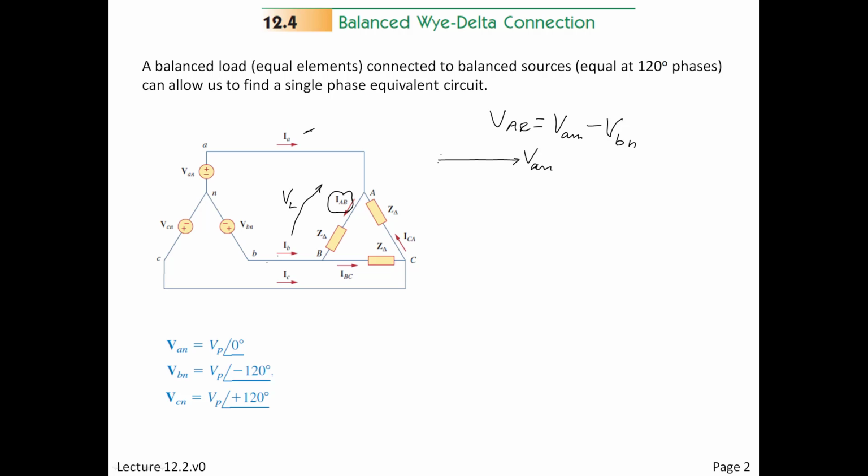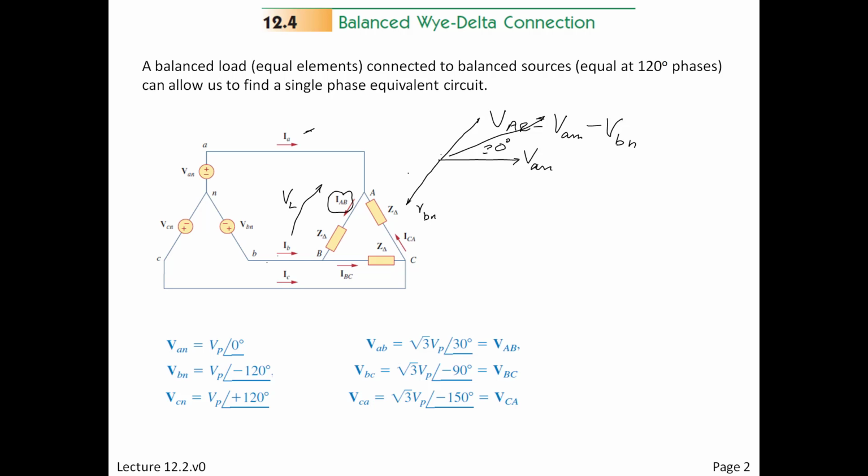VBN was down here, right, in a positive sequence. VBN was down here. So the negative form of it was up here. And when we put the two together, we got this with our 30 degrees, right? You'll remember that. You can do the same thing with all the other combinations, and you get, again, the 120 degree offset once you find the first one that's going on.